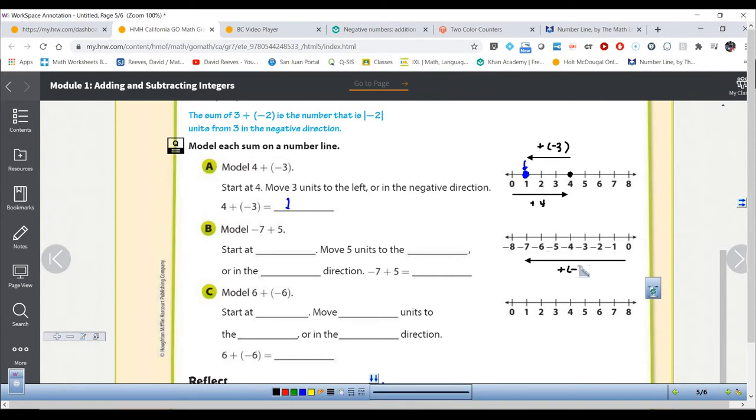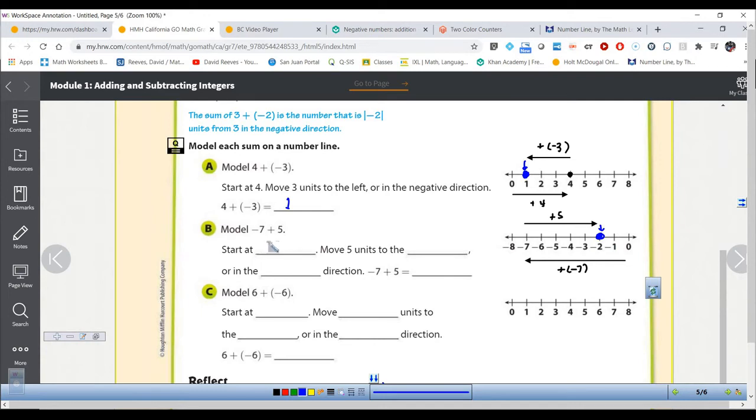So I have -7, and then I want to add 5, okay? So from where I was, I'm going to go to the right. 1, 2, 3, 4, 5. So that is plus 5. And where do I end up? I end up right here at negative 2.